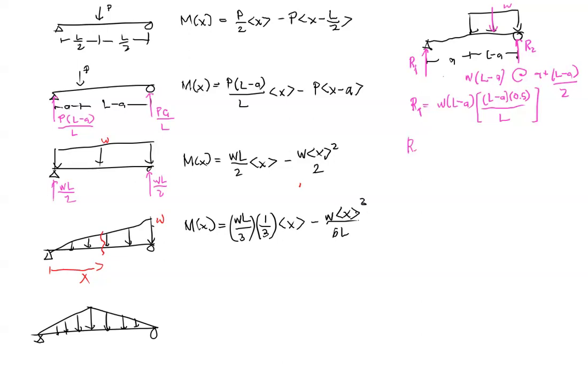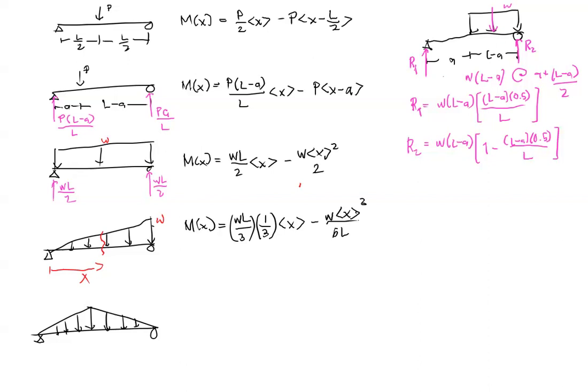R2 will be kung ano man yung 1 minus niya. So W L over A, then meron kang 1 minus L minus A, 0.5 divided by L. Yan yung R2 mo.